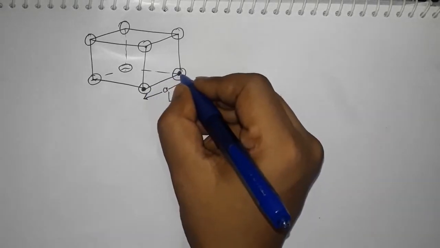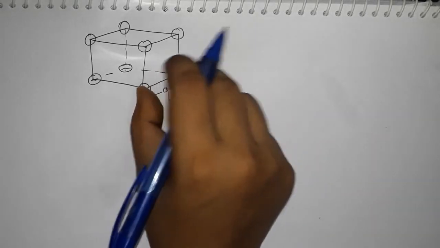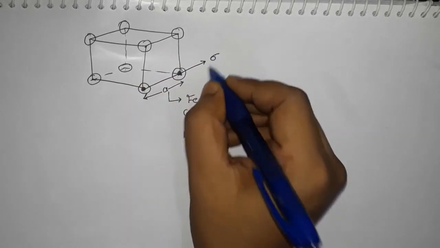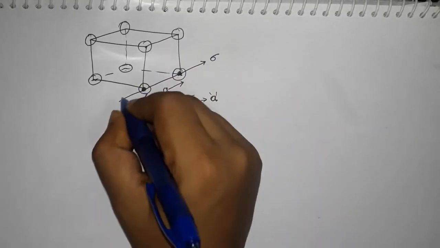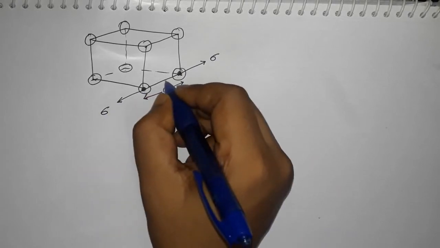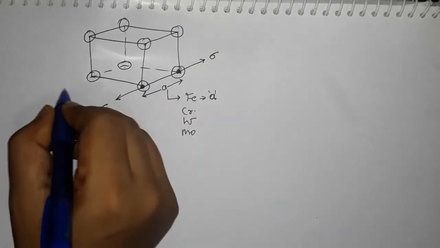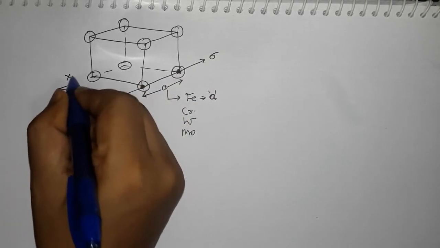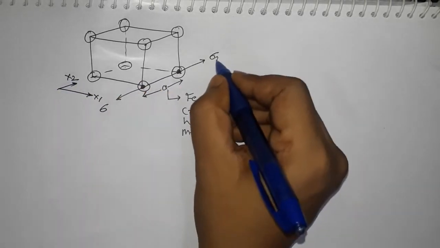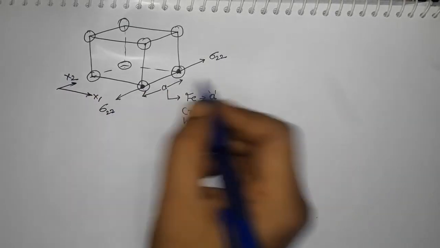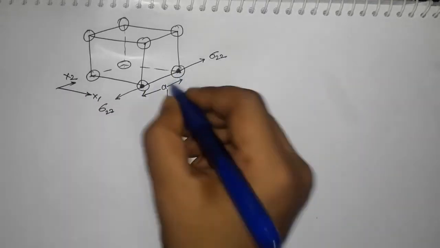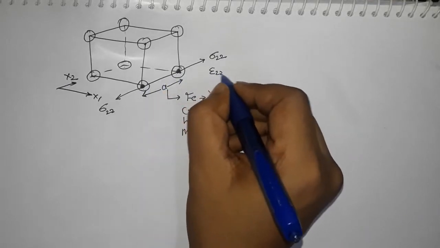So if you are trying to extend these two atoms by applying stress, let's say that this is my x1 direction and this is my x2 direction. In x2 you are applying sigma 2, and let's say the strain is epsilon 2 because of that.